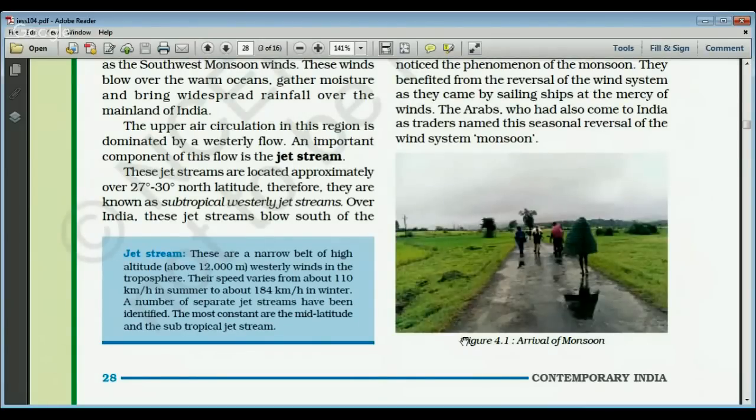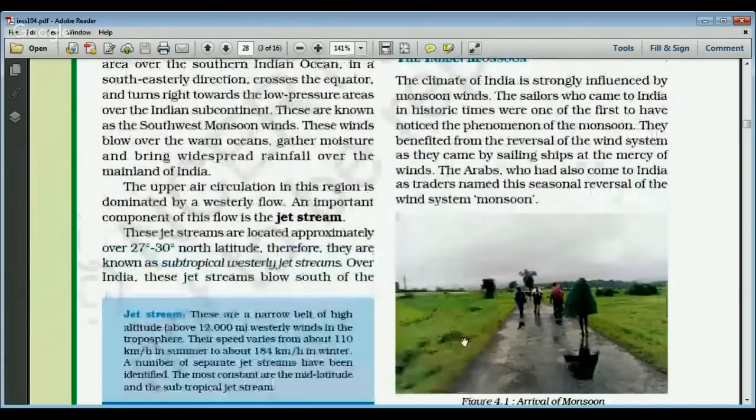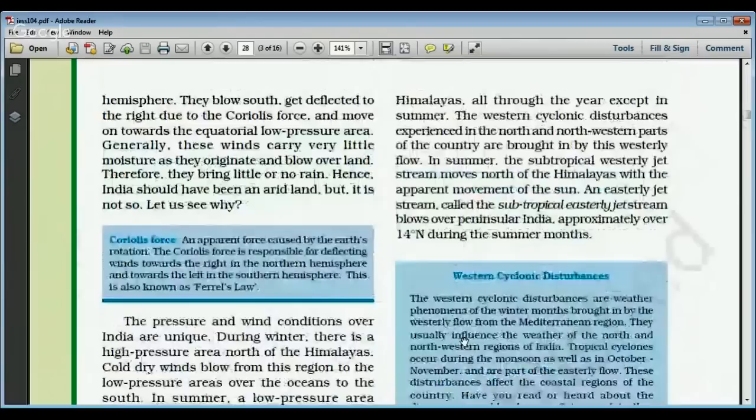Over India, these jet streams blow south of the Himalayas, and they blow all around the year except in the summer. The western cyclonic disturbance is experienced in the north and northwestern part of the country, that is, in the Himalaya, Punjab and Haryana region, and this is because of the western cyclonic disturbance.